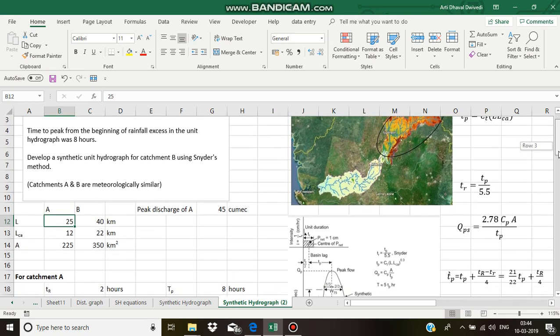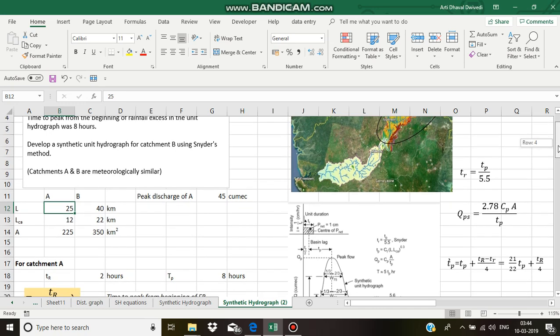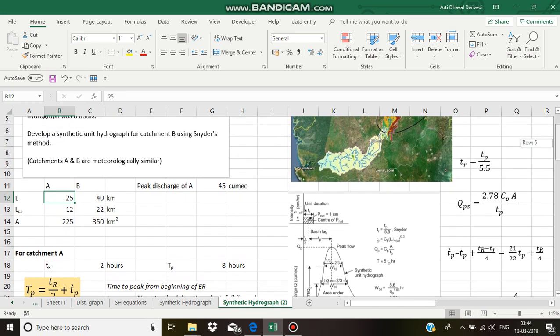The area is also given. It is 225 kilometers square and 350 kilometers square for A and B respectively.